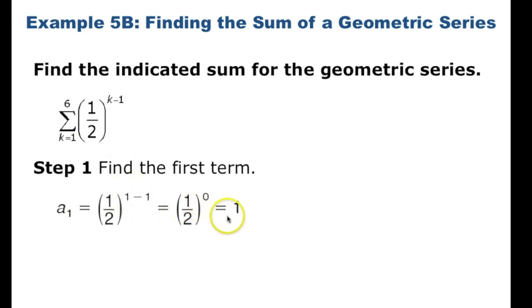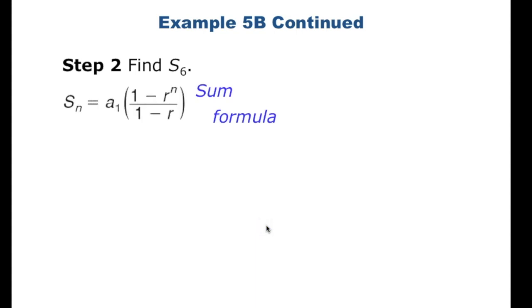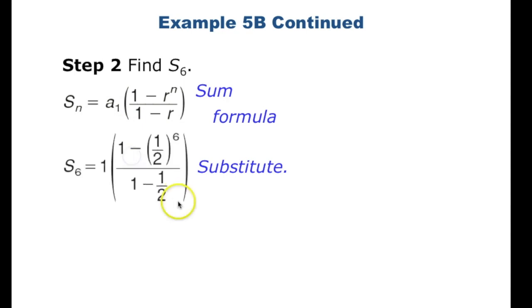Anything to the 0 power is 1. We find S sub 6, the sum, by using this same formula for the finite sum. We plug our numbers in. a is 1, r is a half, n is 6.